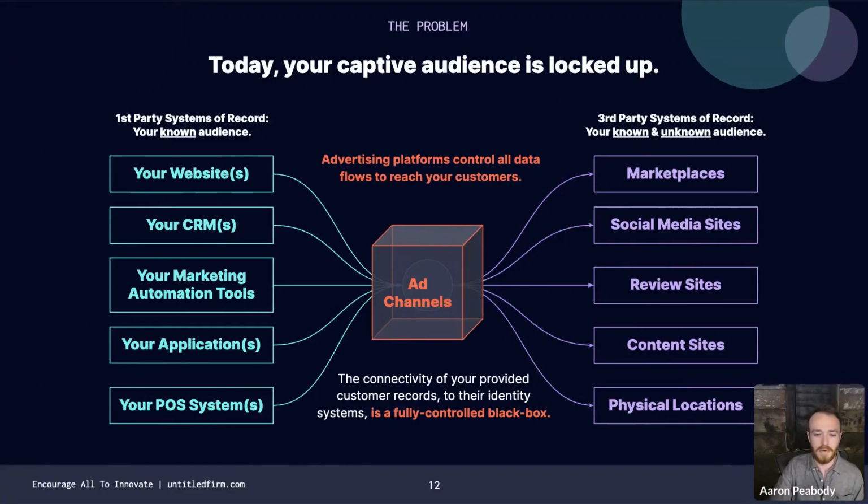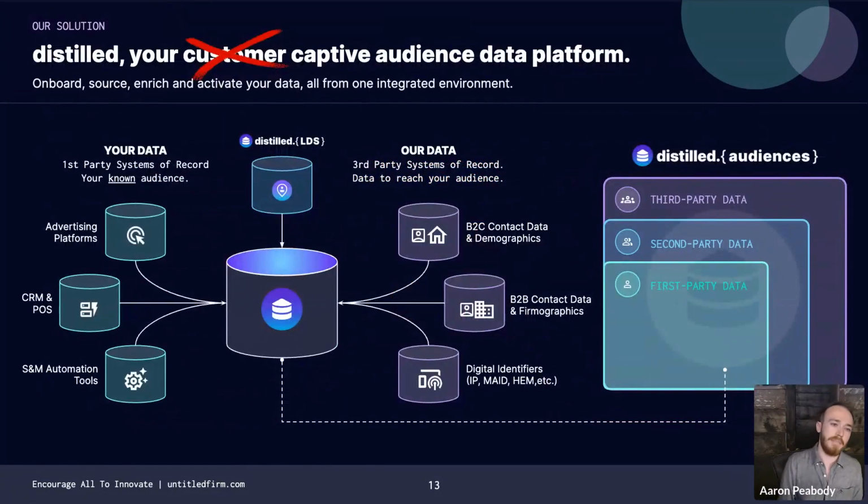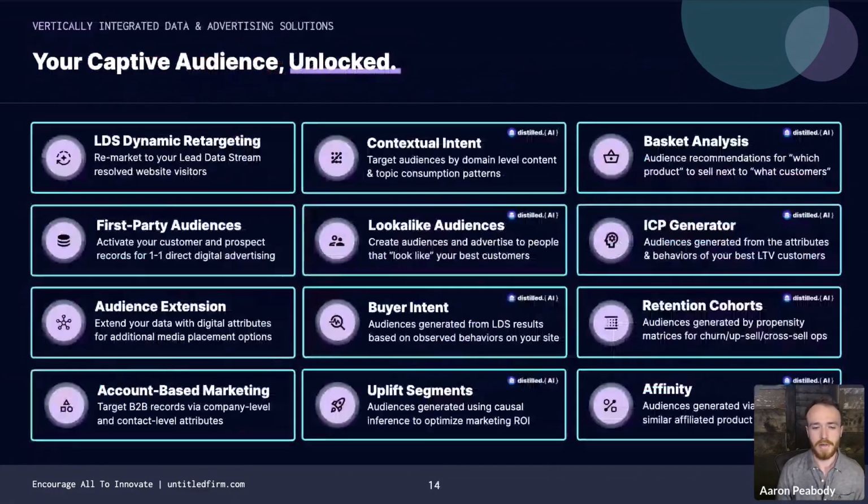And so Distilled is really a solution that allows you to bring in all of this first-party data from these different locations, enrich that with both our second-party and third-party data sets, and really that centers entirely around what is the audience in our system. And so audiences are, to some extent, use cases, and how you would choose to reach out to these people, or why you would choose to reach out to them.